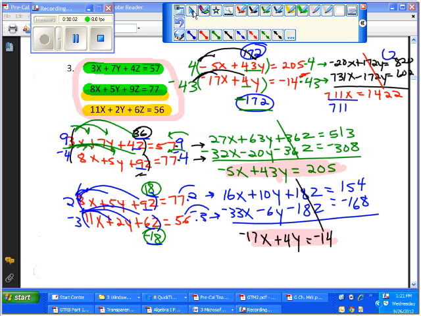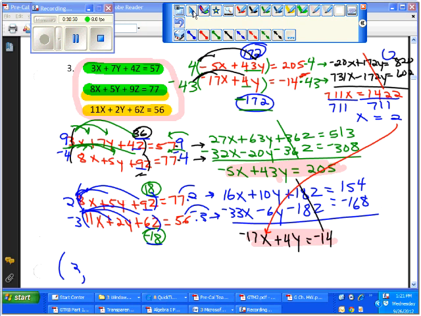So we're going to divide by 711. And we get x is equal to 2. So we finally got a variable, 2. Now we just need to find a place to plug that in where there's only one other variable besides it, right? This looks like a good place just because there's room below it.